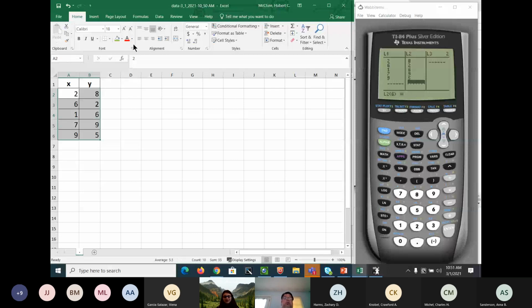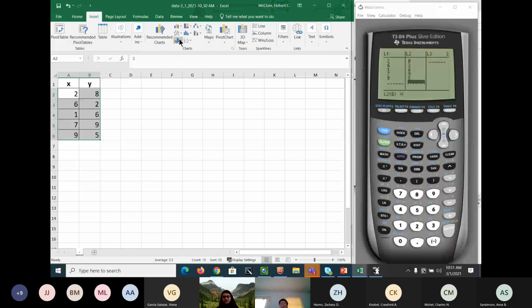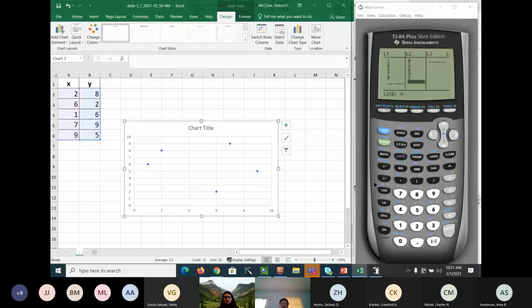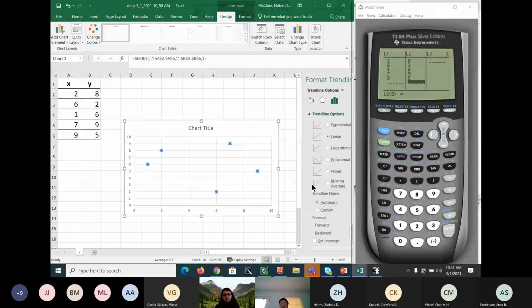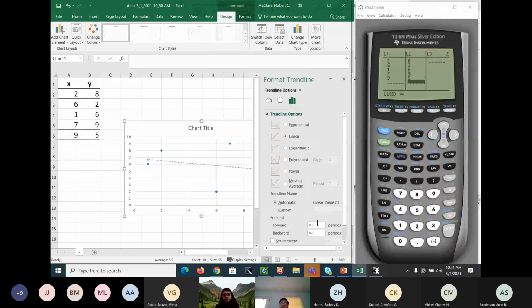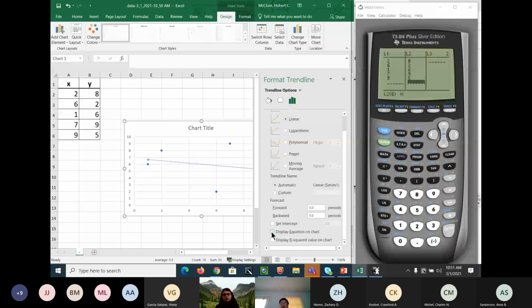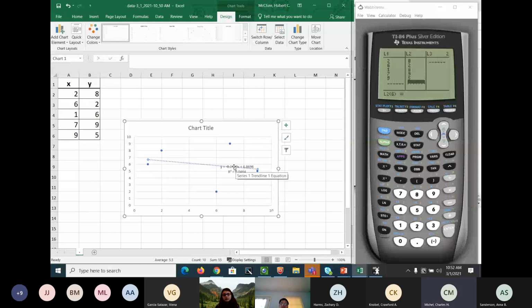Insert. And there is my, ooh, looks like hardly any correlation here. Let's see what it is. Add trend line. Oh, we got a negative correlation. Somebody tell me why we have a negative correlation. Because the little car is going left to right downward.